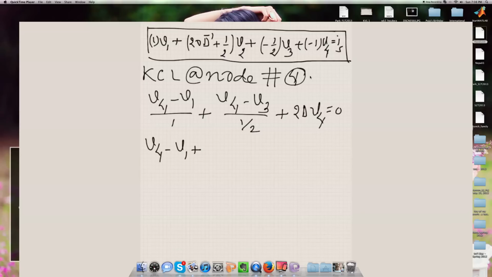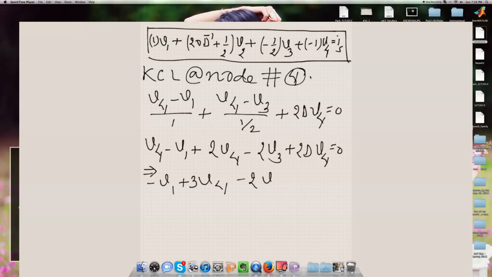Flipping the 1/2, 2 goes to the top, 2 times v sub 4 minus 2 times v sub 3, then plus 2D v sub 4 equals 0. Or we can write this as minus v sub 1 plus 2 and 1, that's a 3 v sub 4 minus 2 v3 plus 2D v sub 4 equals 0.